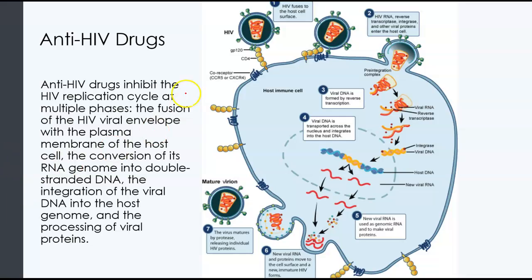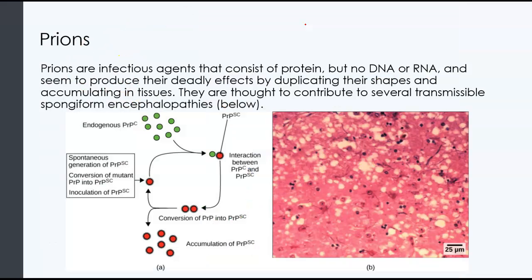Outside of the host cell, step 7, you have a mature virus, so it matures outside of the host cell. Any antiviral drug is going to have to inhibit some phase of this cycle so that you don't get a mature virion that can infect another host cell.